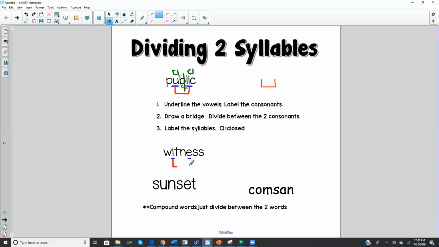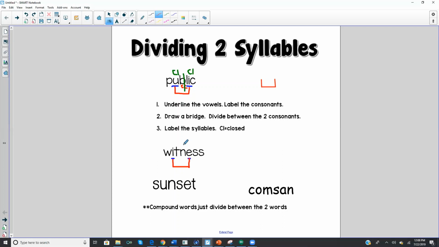Okay, now that we've drawn the bridge between those two vowels, first we're going to label the consonants. So what are the two consonants between the two vowels?